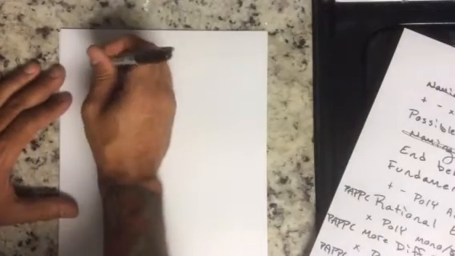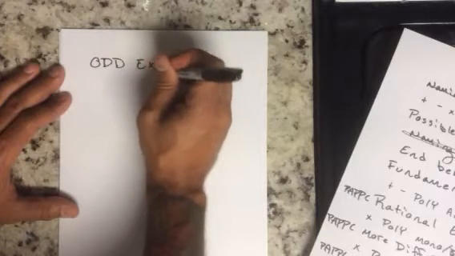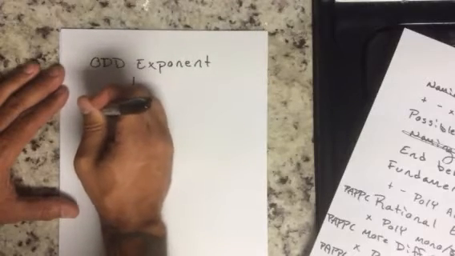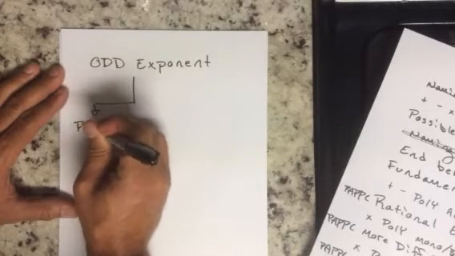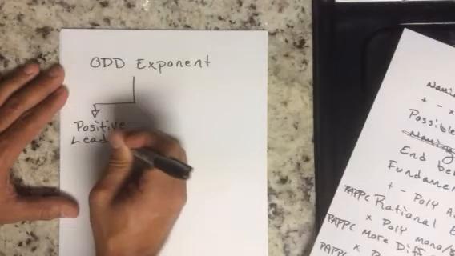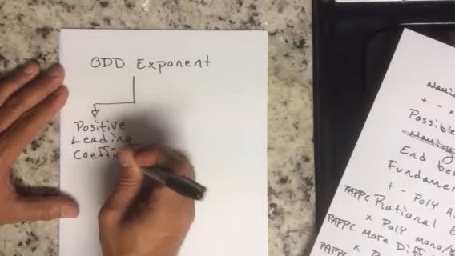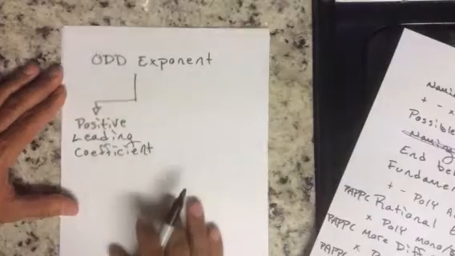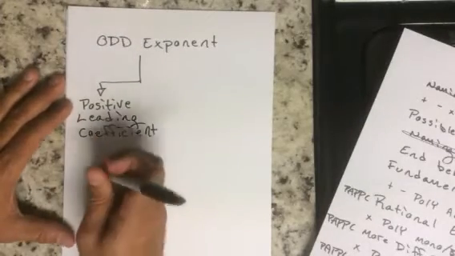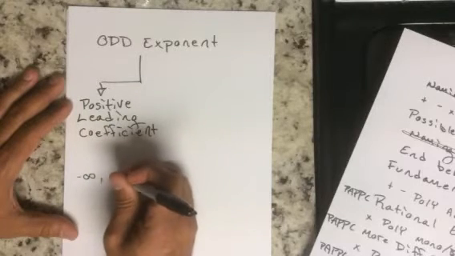So if it is an odd exponent with a positive leading coefficient, an odd exponent with a positive leading coefficient is going to go from negative infinity to infinity.